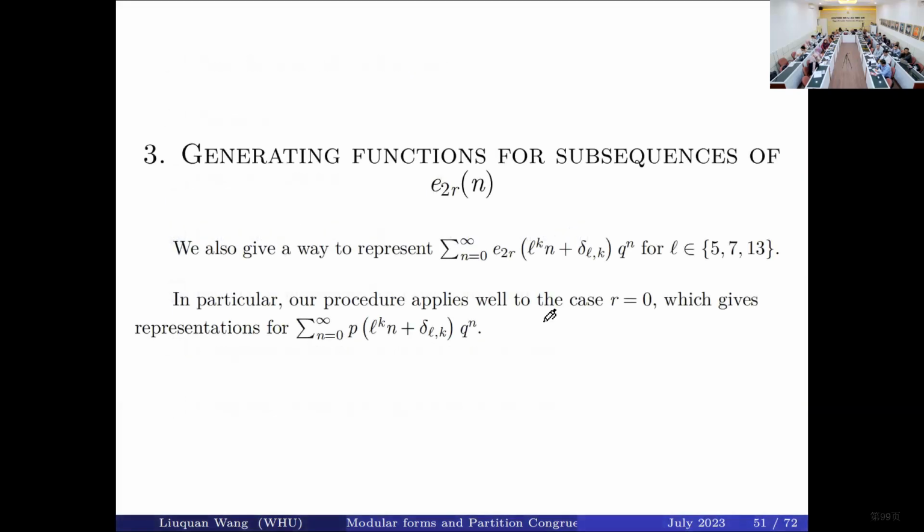So we give a way to represent the generating function for E_{2r}(n) on such arithmetic progressions. In particular, this procedure applies well to the case r equals 0. If you remember, E_0(n) is the same as p(n). So this also gives representations for the generating function for p(n).